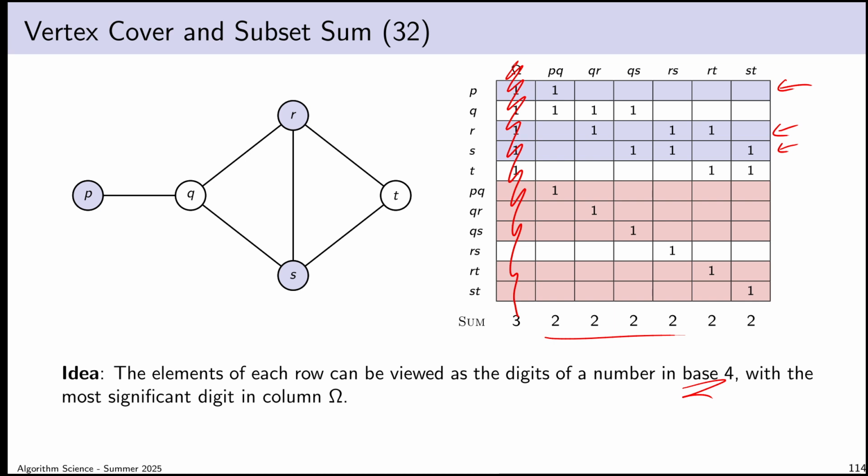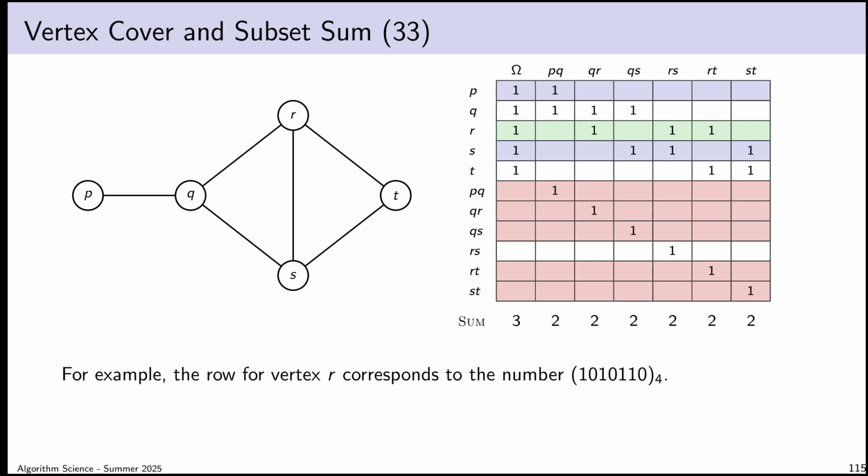Because of what we just saw, each of these positions of the sum can be at most 3, and certainly no position of the matrix will ever be greater than 1. That means that if I'm adding together a bunch of rows of the matrix, I will never actually have an overflow between columns if I treat them as numbers in base 4.